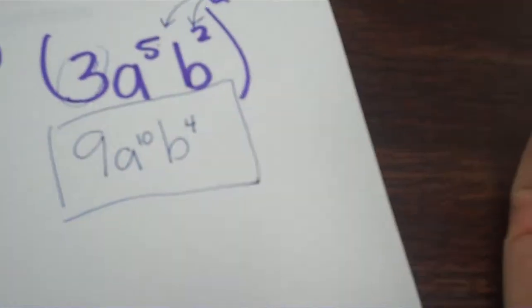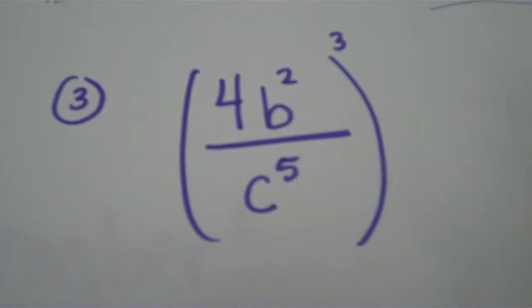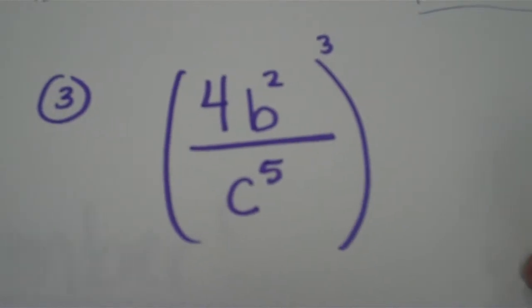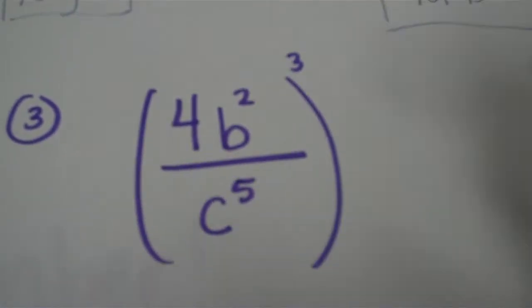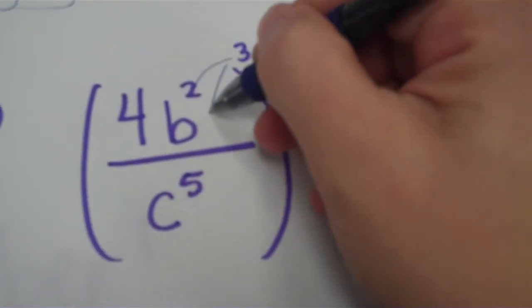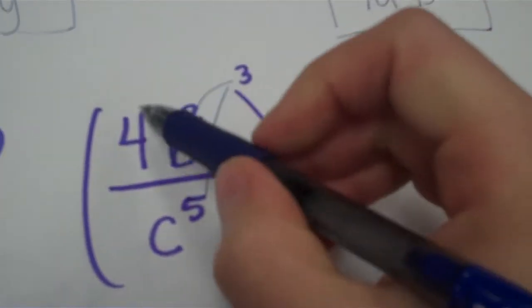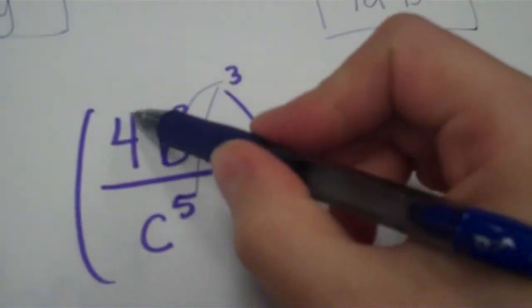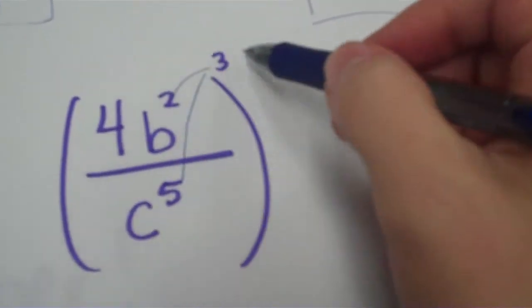Simple, simple, simple, simple. Example 3 is where it looks like this. Okay? Pause and write down. So even though I have this division bar here, you're still making that 3 go to everything. Okay? But don't do 4 times 3, okay? Because it's a big number, you treat it like normal. 4 to the third power. So you can get your calculator. 4 exponent 3. Hit enter.